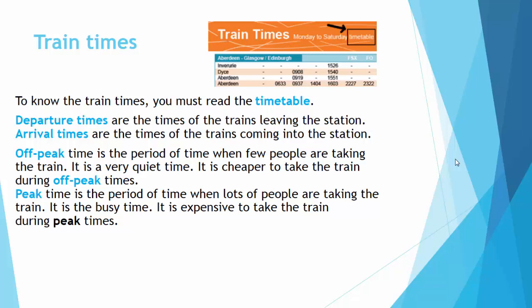It's a very quiet time. It's cheaper to take the train during off-peak times. Peak time is the period of time when lots of people are taking the train. It is the busy time. It's expensive to take the train during the peak times.